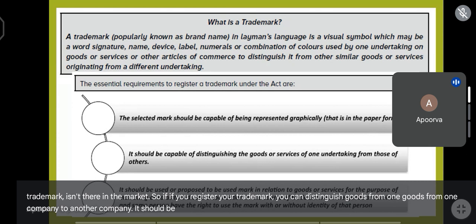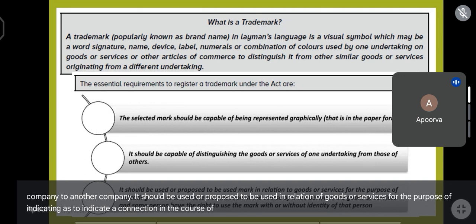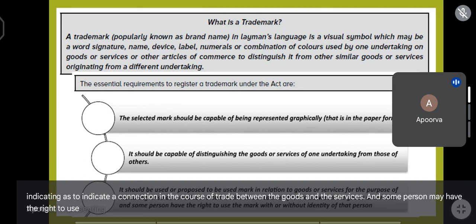It should be used or proposed to be used in relation to goods or services, to indicate a connection in the course of trade between the goods or services and some person who may have the right to use the mark, with or without identity of that person. So you need to use the trademark whenever you trade in that particular goods.